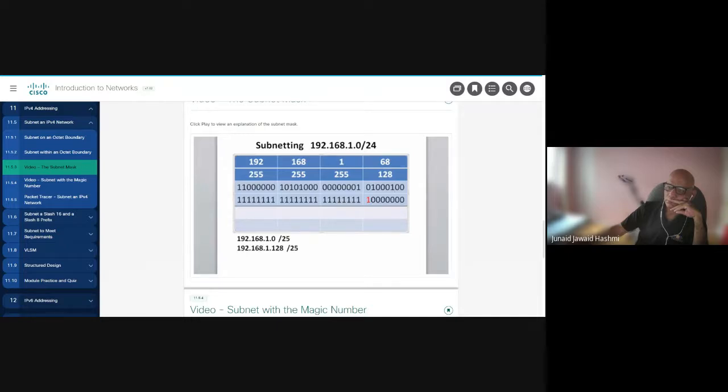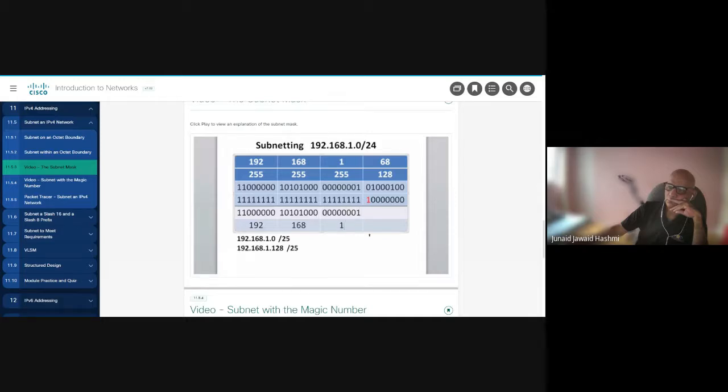If we logically AND the IP address here with our new subnet mask /25, let's see the result. We'll get a 1, a 1, a 0, 0, 0, 0, 0. So that's 192. Then here the result is 168, and then all zeros here and a 1.